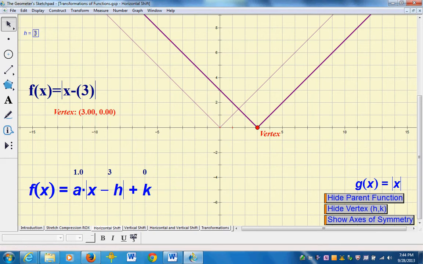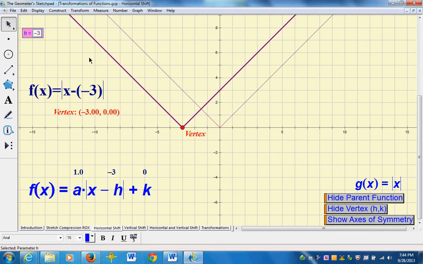If I make my h -3, again, look at my equation right here. I have a negative times a negative. A negative times a negative makes that a positive. So the function is the absolute value of x plus 3 is how I would end up writing that.